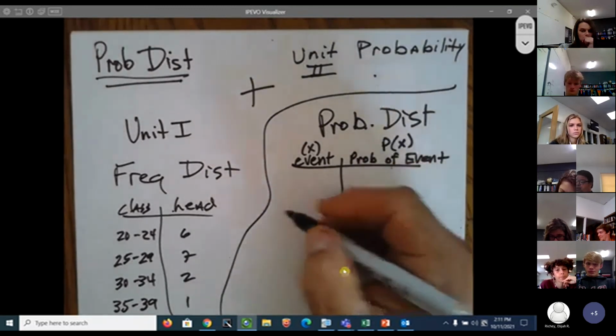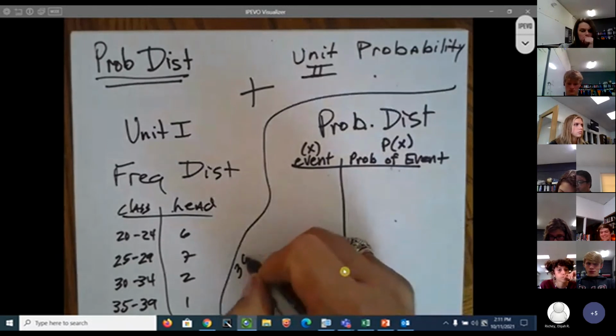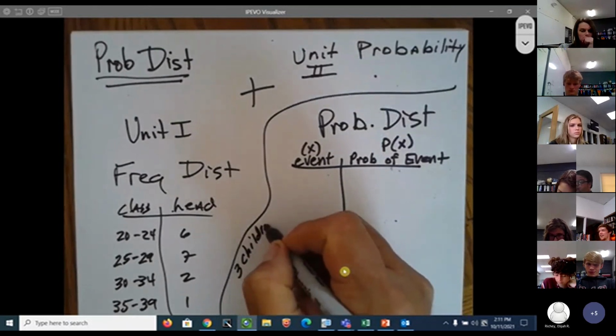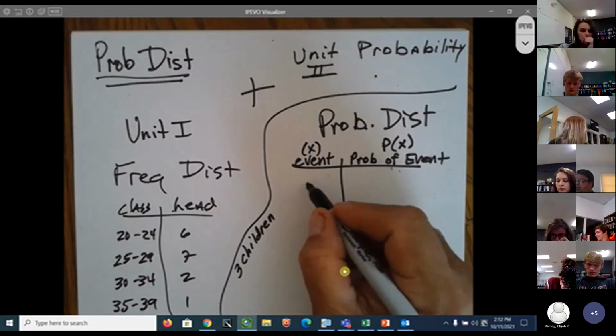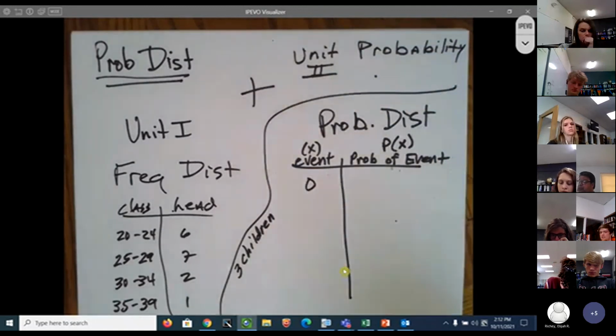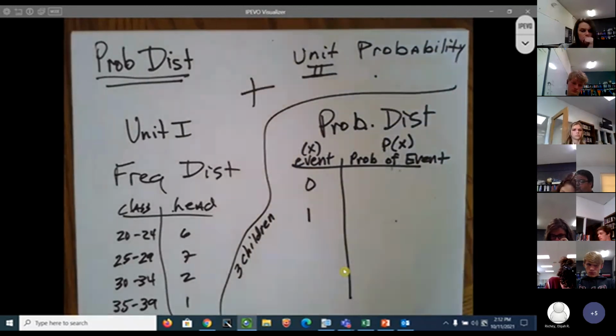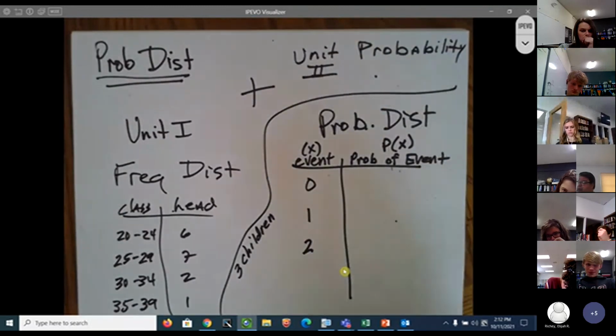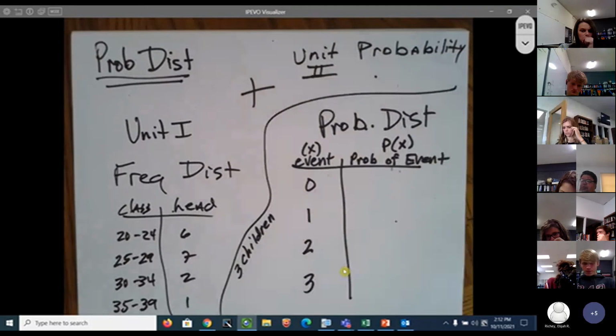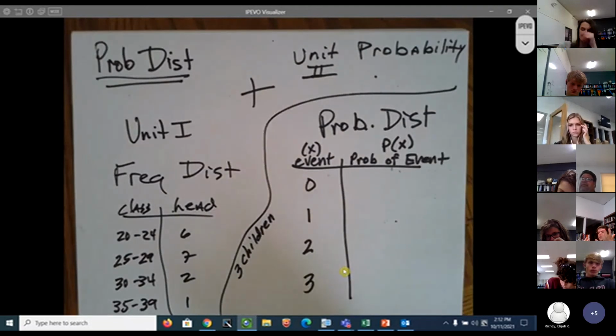Let's say 3 children. What is the probability that there are 0 girls? What is the probability that there is 1 girl? What is the probability that there are 2 girls? And what is the probability that there are 3 girls? That is the event.